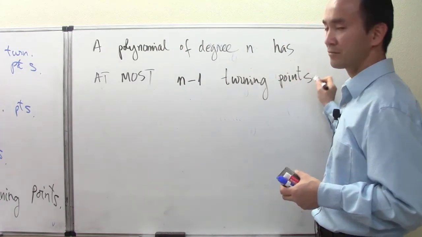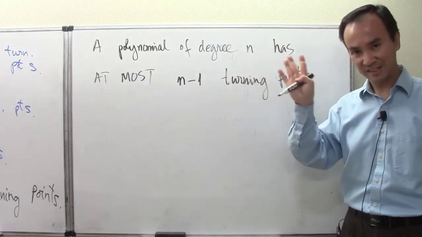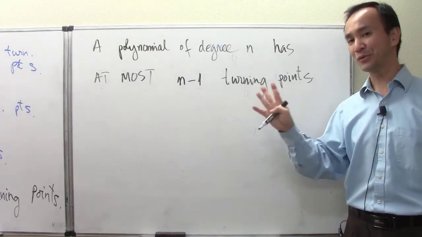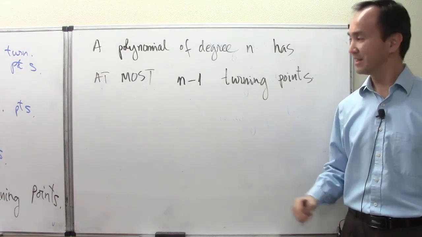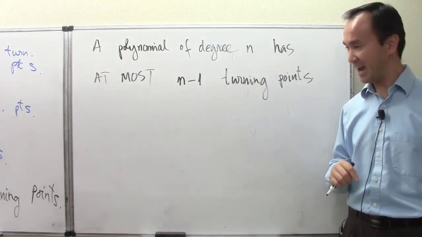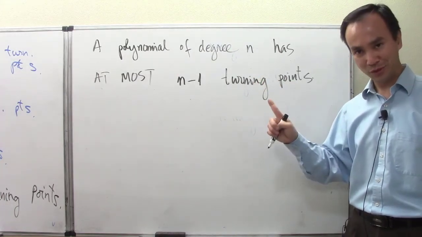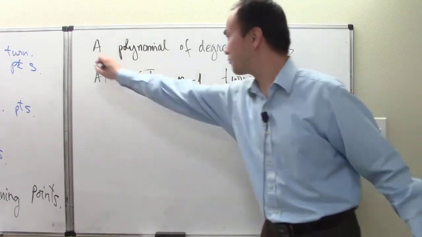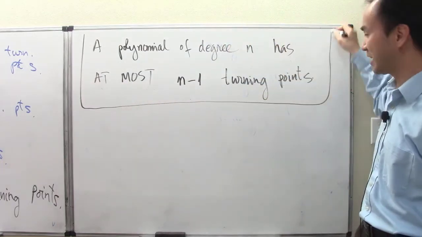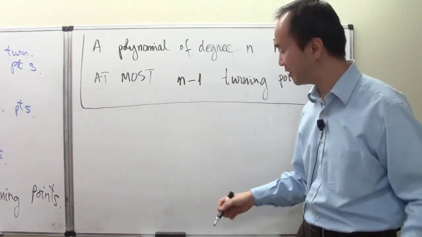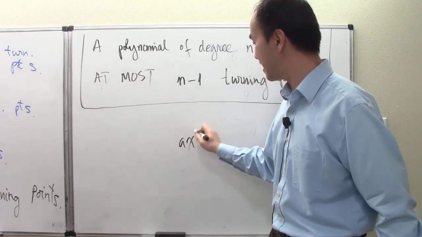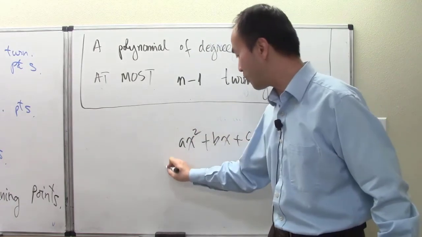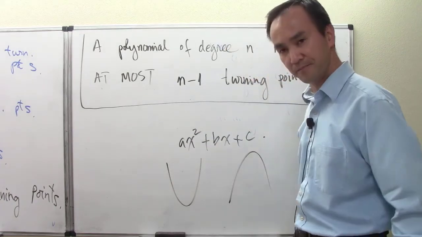You see, degree 4 that we investigated had at most 3 turning points. Degree 3 that we investigated had at most 2 turning points. And now think about quadratics, ax squared plus bx plus c. Right after making this observation, we can make it even more consistent with what we have seen earlier. A quadratic always has its graph in this shape, no matter what.